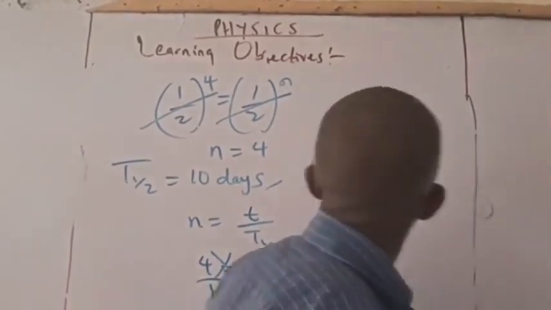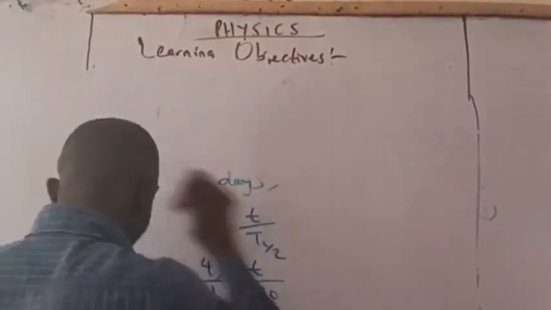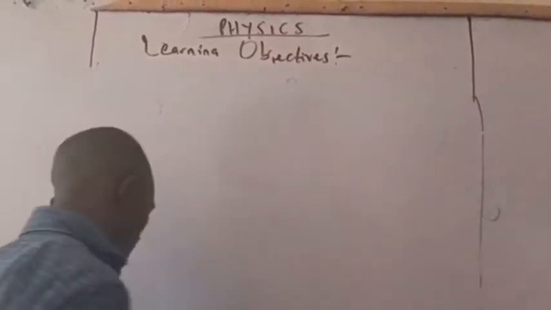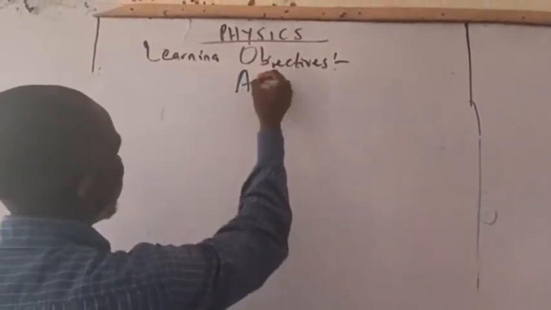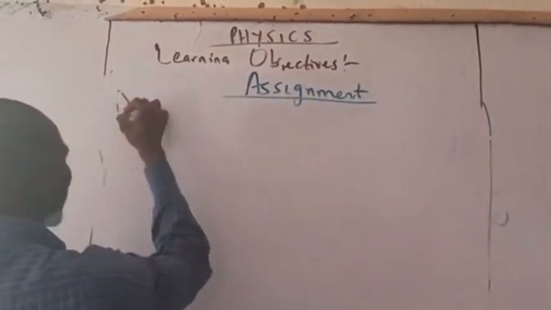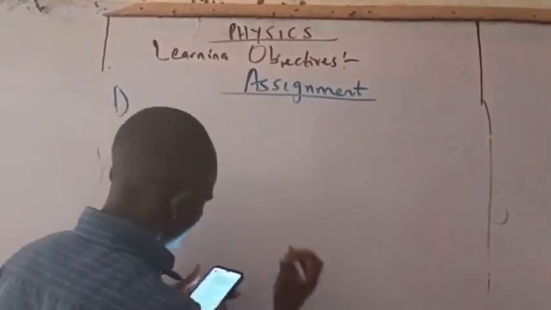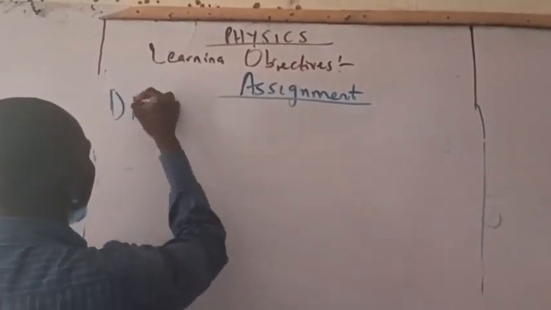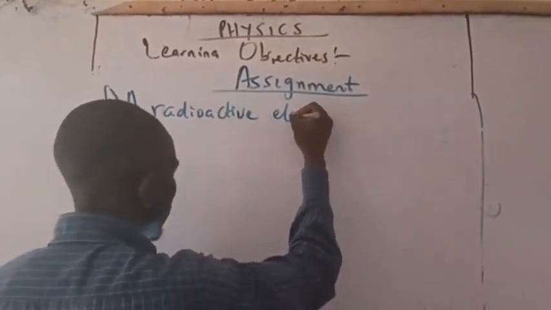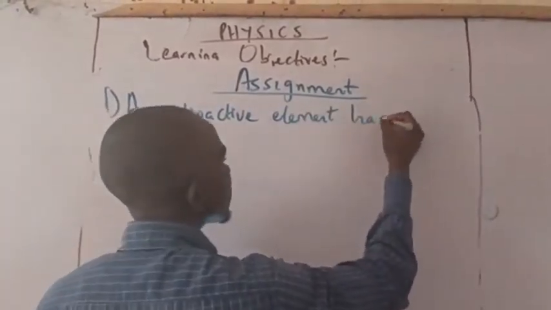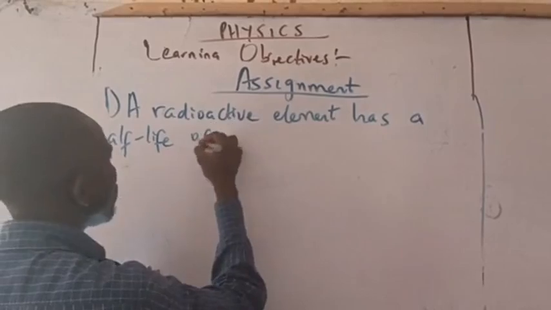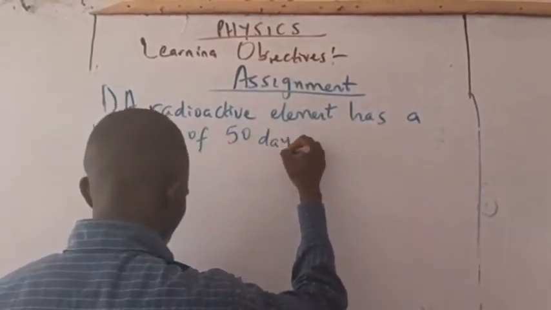Assignment. Let's see some assignments. Number one. A radioactive element has a half-life of 50 days.